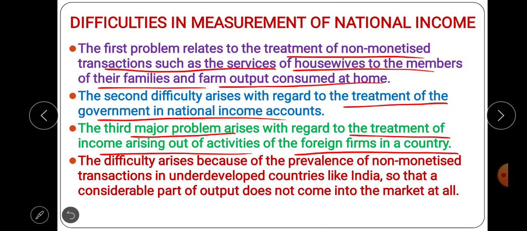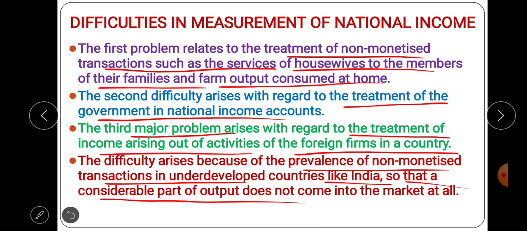Okay. So, this is one of the difficulties in the measurement of national income. Then the difficulty arises because of the prevalence of non-monetized transactions in underdeveloped countries like India, so that a considerable part of output does not come into the market at all. Okay.